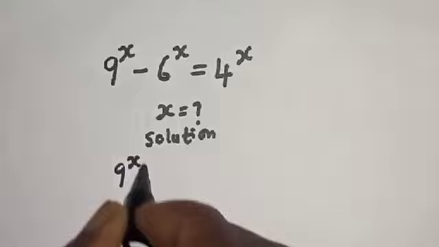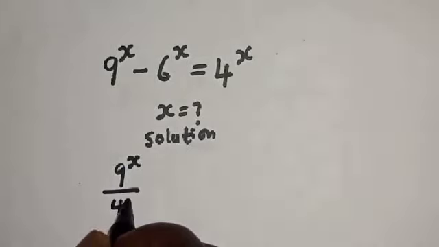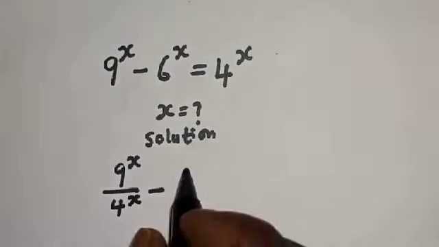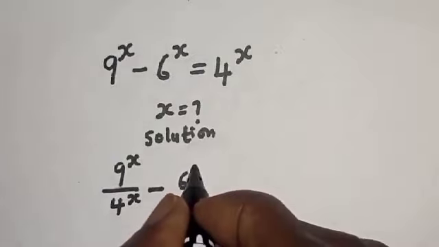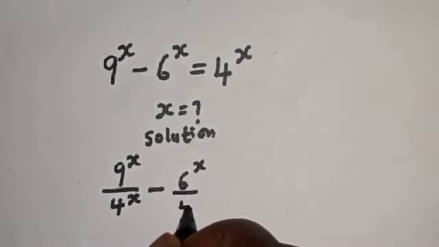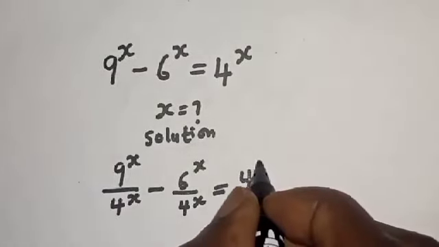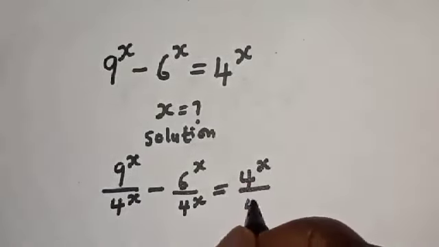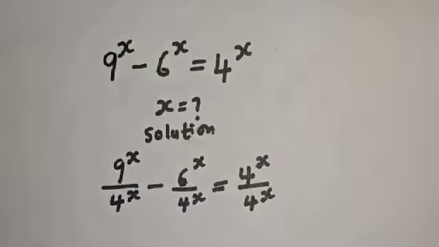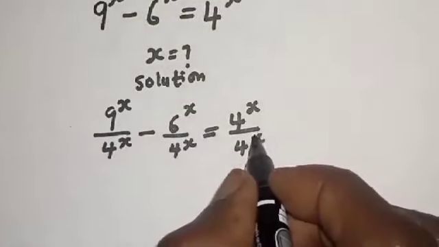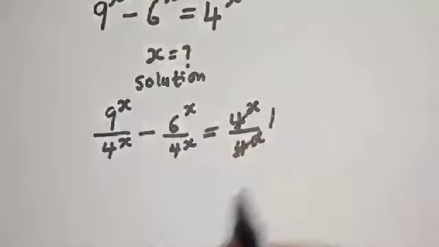9 raised to power x divided by 4 raised to power x minus 6 raised to power x divided by 4 raised to power x is equal to 4 raised to power x divided by 4 raised to power x. And this one will cancel this one.